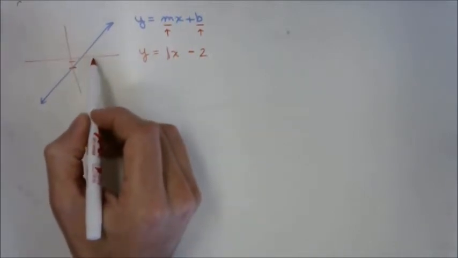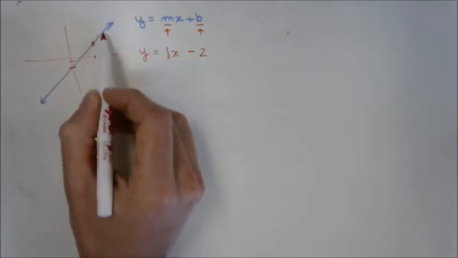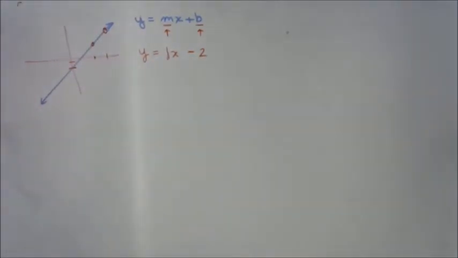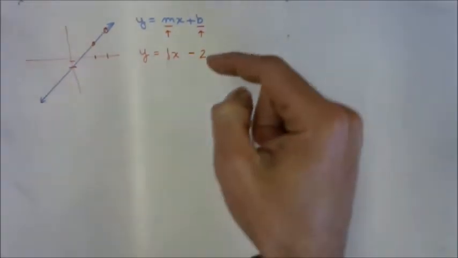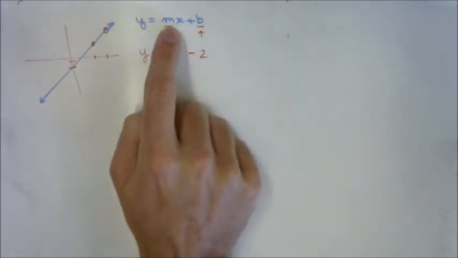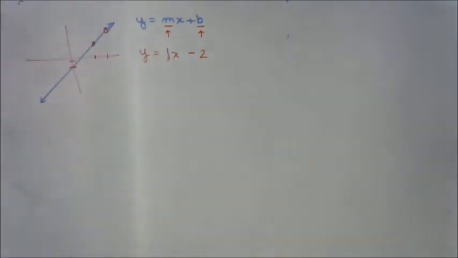Where x is 5, or where x is 7, I can figure out what y is there. Doesn't matter if you know all the ins and outs. We get into that a little bit later in the course. But for now, you need to know that an equation of a line relates the x and the y values that are on the line.